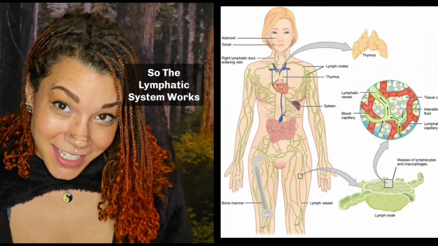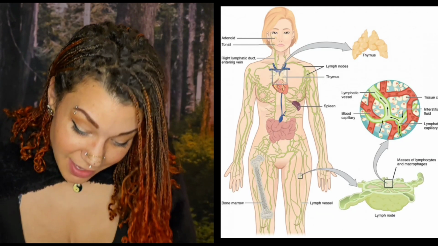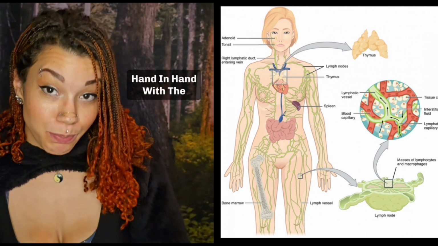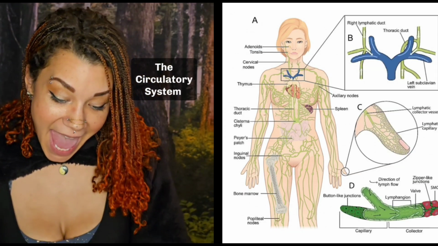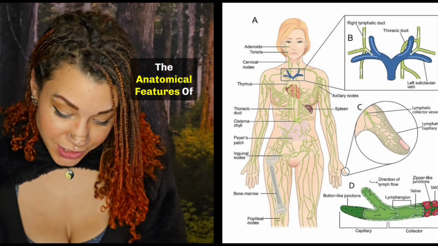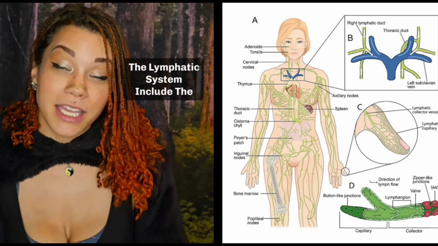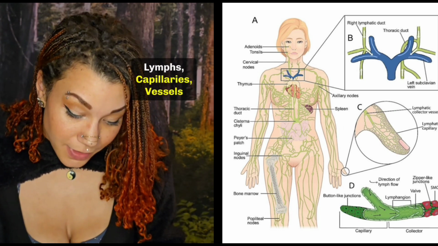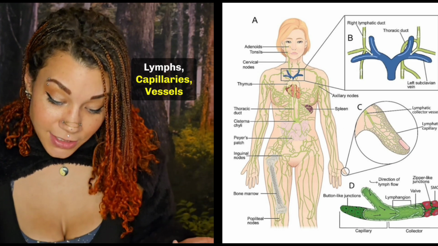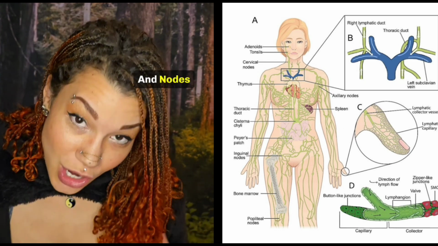So the lymphatic system works hand in hand with the circulatory system. The anatomical features of the lymphatic system include the lymphs, capillaries, vessels, and nodes.